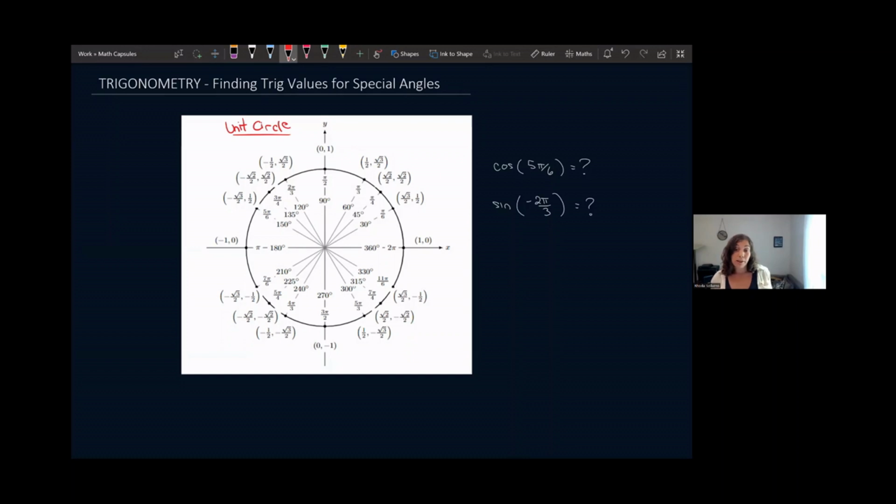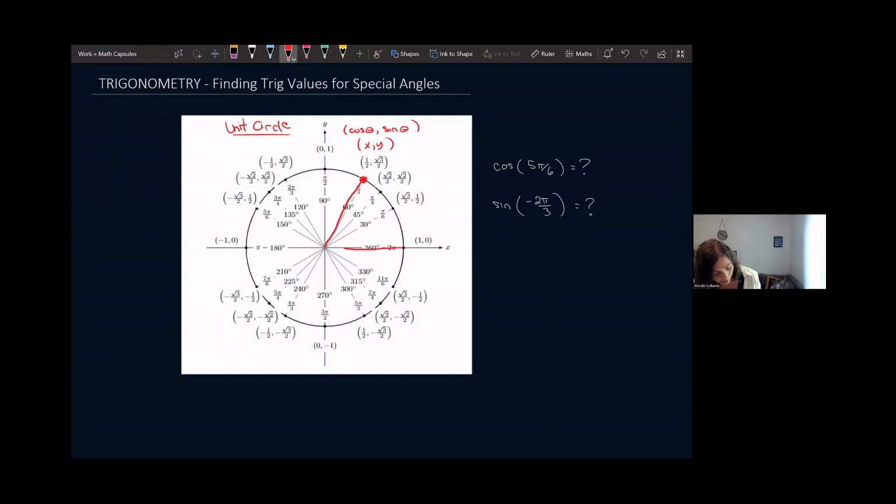So the reason why we like the unit circle is it helps us keep track of the sine and cosine values at different angles, because at any point around the unit circle, the x and y coordinates of that point are equal to cosine and sine of this angle that I can draw right here.